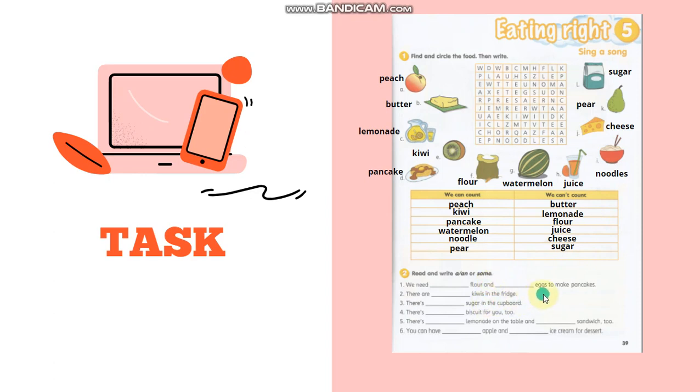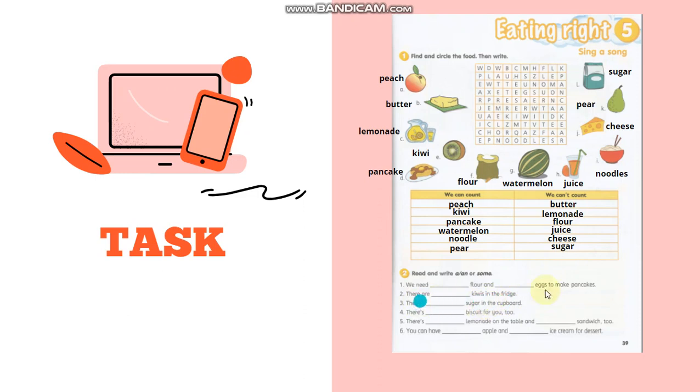For example, eggs. So this is plural, many eggs. Kiwis. This is plural, many kiwis. Okay, so we use some for uncountable and also for plural, eggs, kiwis.